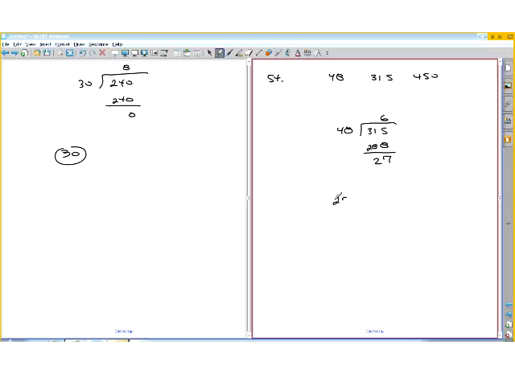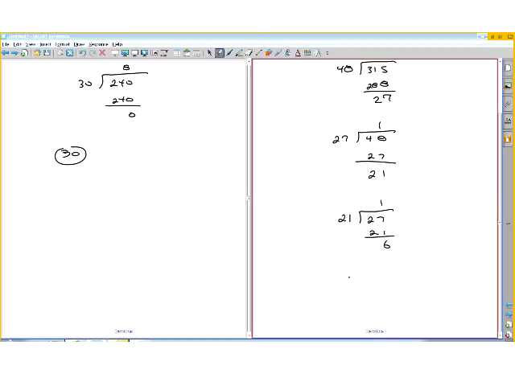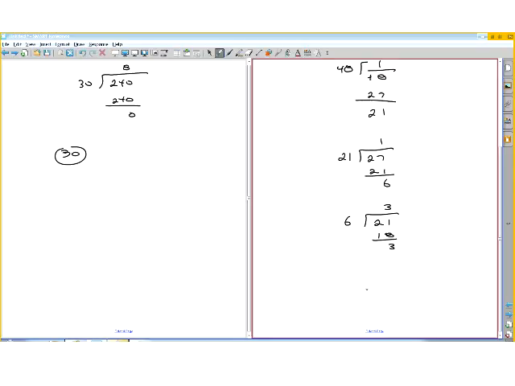So now we take 27 divided into 48. We get 27, subtract, and we get 21. So we take 21 divided by 27. It's 1 time. That leaves 6. So we take 6 and divide into 21. Do that 3 times. That gives us 18. We have 3 remaining.